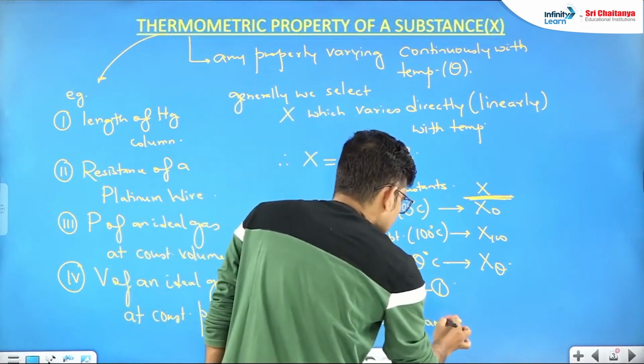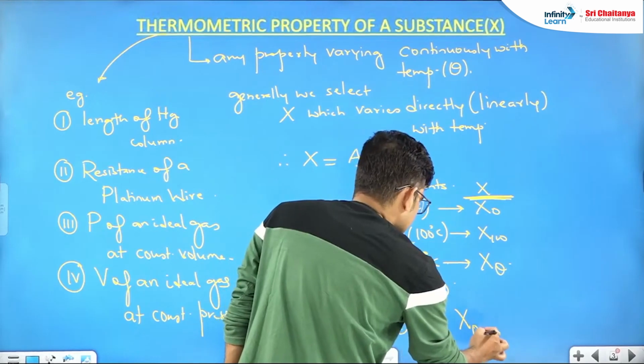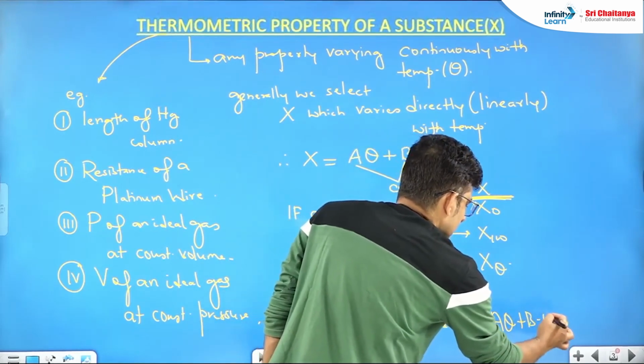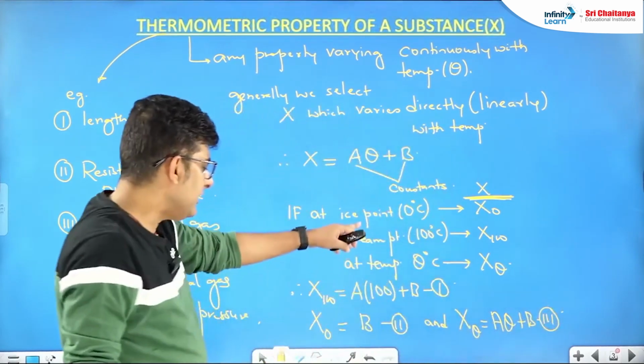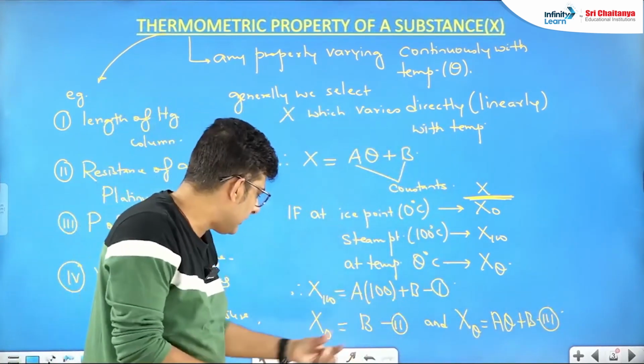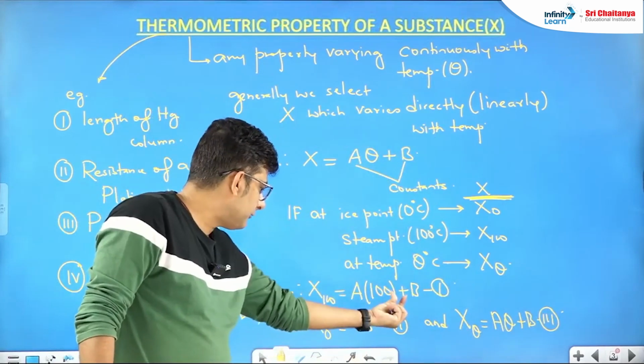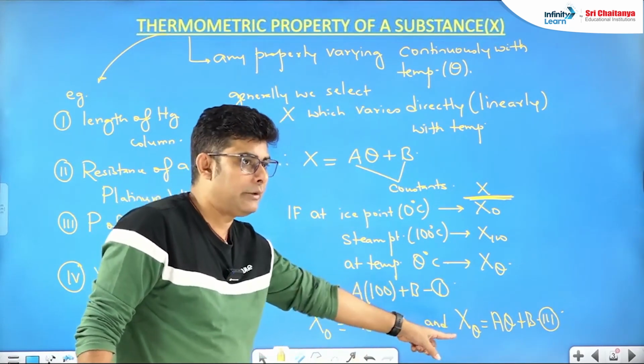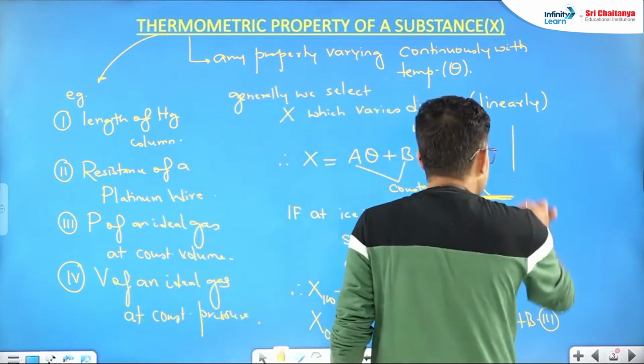And when we are putting θ degree Celsius, we will get aθ + b. So when we solve these three equations, from here we get the value of b. When you put it in the first equation, you will get a, and when you put the value of a and b in the third equation, we get a very, very important result.